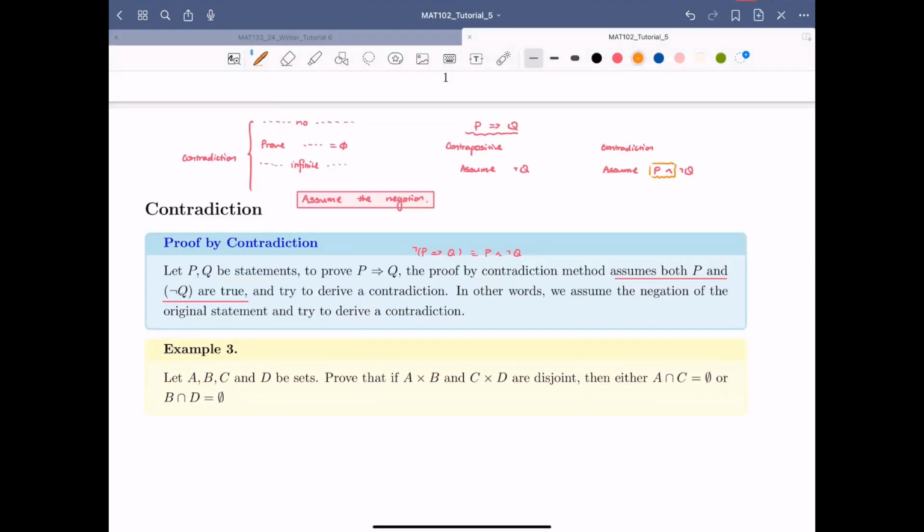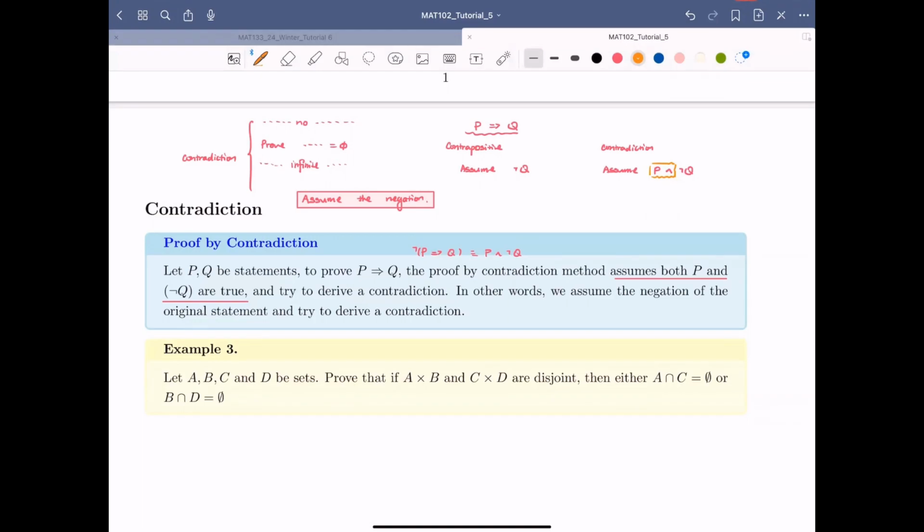Do you guys see it? So if the question asks you to use contrapositive, you cannot use contradiction. And if they ask you to use contradiction, you are not supposed to use contrapositive or direct proof. Use what the question asks you to do. If they don't tell you, then you need to decide which one you want to do. I already told you how to determine that. I gave you some classic examples.